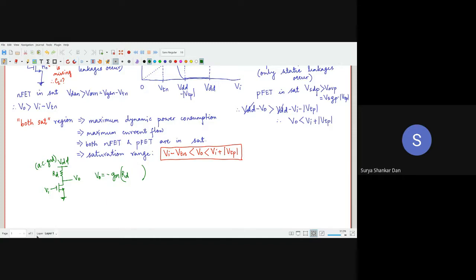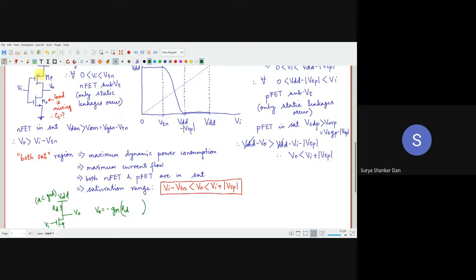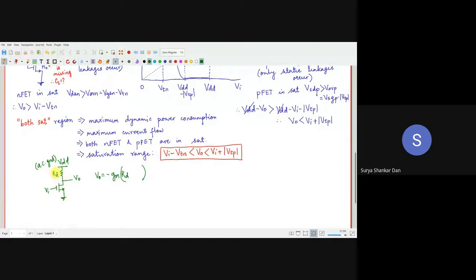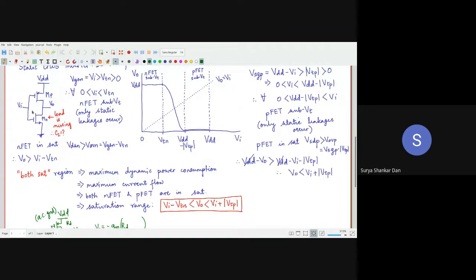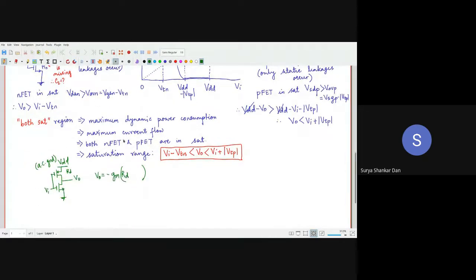Now, in this case, when I'm putting a PMOSFET over here, it is similar to this RD itself. The only thing is you are removing the passive resistance RD and converting it into an active resistance in the form of the PMOSFET. Simple, right? So what is the value of RD now?